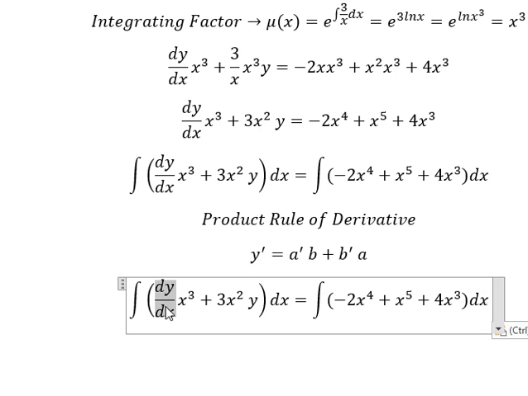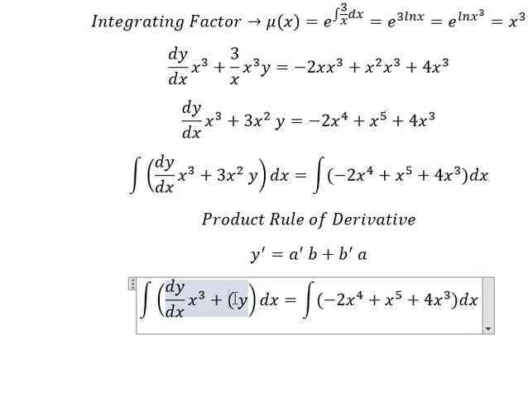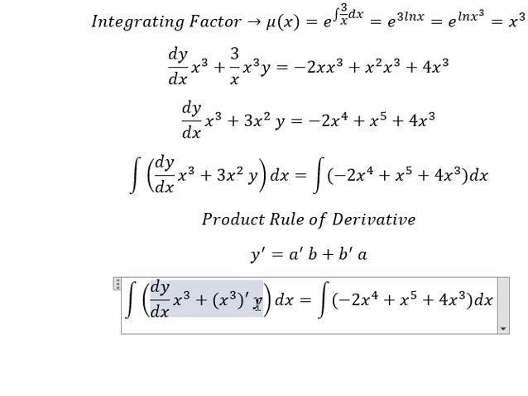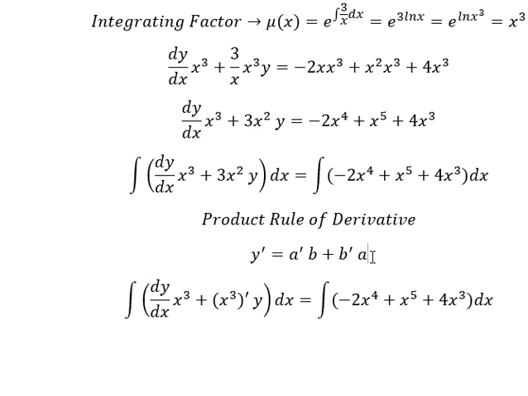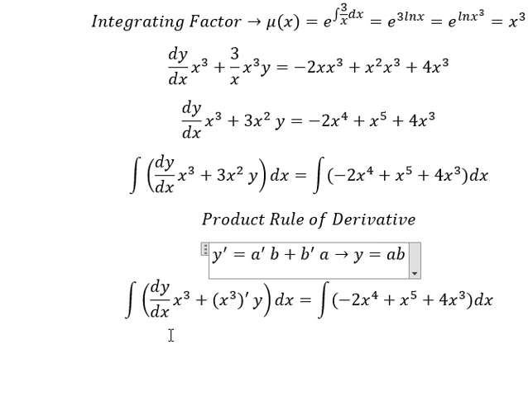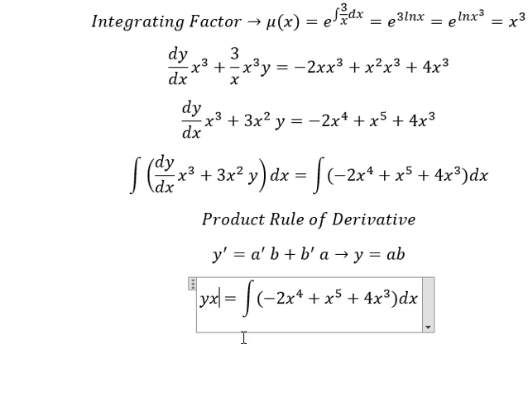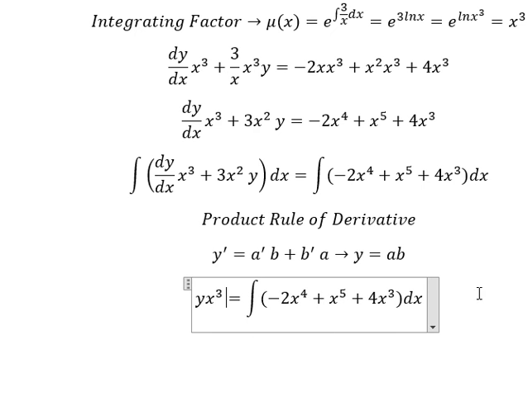So this one is the first derivative of a multiplied by b. This one is the first derivative of b multiplied by a. So the integration of this one, we have y equals ab. So the integration of that one, we have y s to the power of 3.